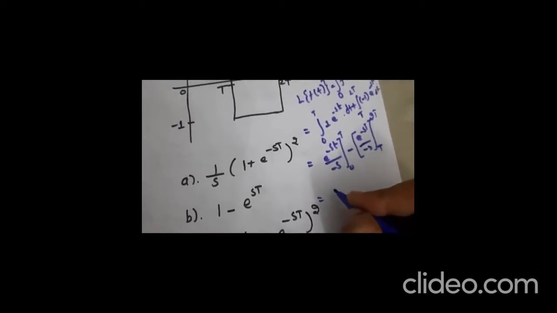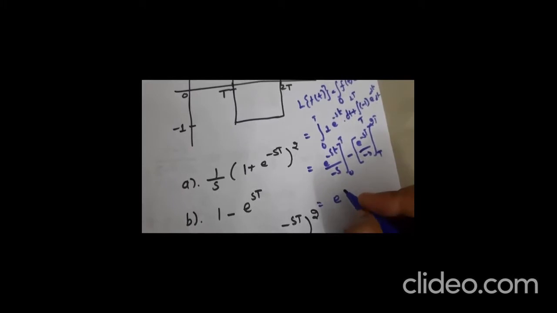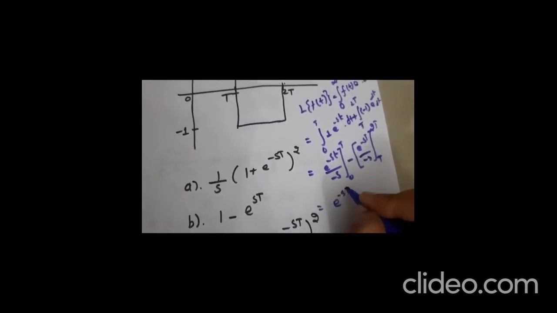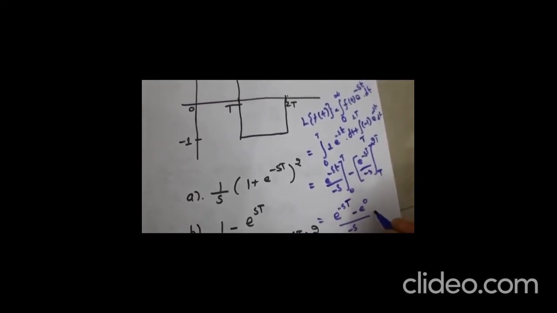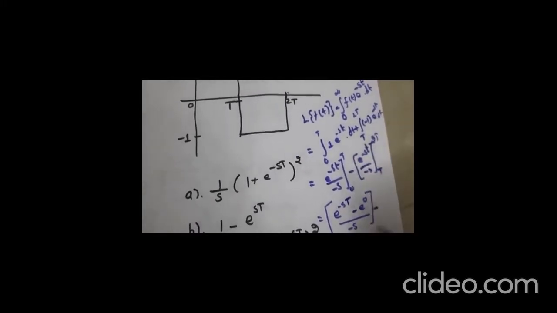We will get e power minus st minus e power 0 divided by minus s, and minus of e power minus 2st minus e power minus st divided by minus s.